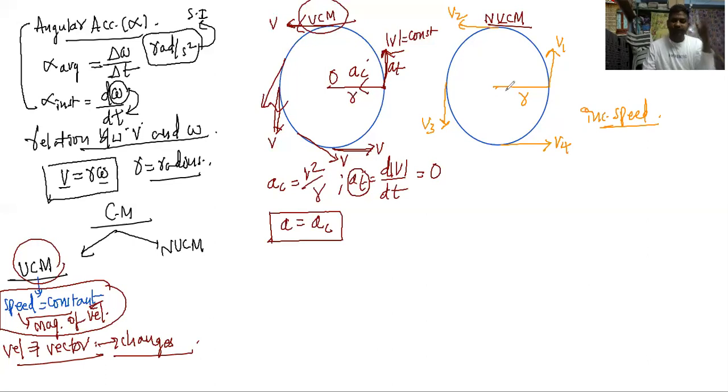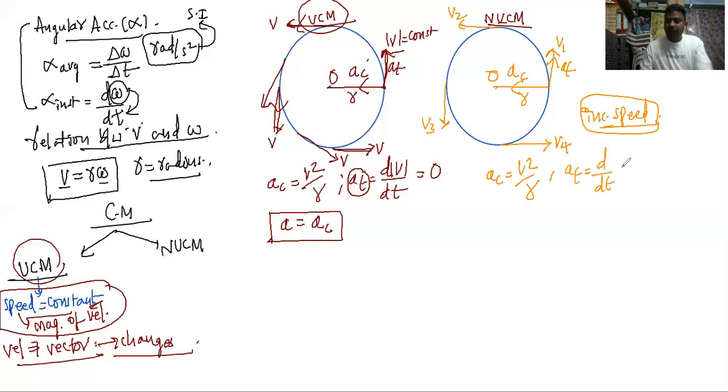Here also centripetal acceleration is a must, because for any particle to move in a circular path, centripetal acceleration or centripetal force, which is directed towards the center, is most important. And here, as the velocity is increasing, tangential acceleration will be in the direction of velocity. So tangential acceleration is d by dt of v.